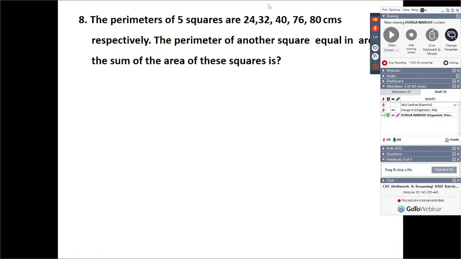The perimeter of another sixth square is equal to the sum of the areas of these 5 squares. First square area 36 plus second square area 64, 8 square, third square area 10 square, like that. Right now, everyone knows the perimeter, nothing but 4A, is the formula for the perimeter.